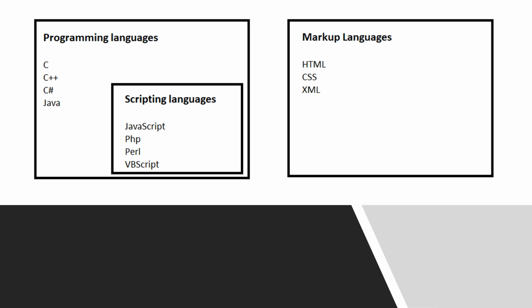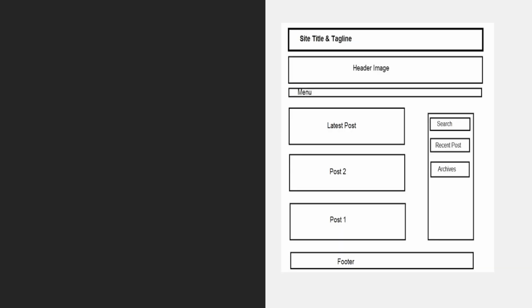Moving ahead, let's understand the difference between programming language and scripting language. In this example, I have not mentioned Python because it might be confusing, because Python is a programming language and it is also a scripting language. In the previous slide, I explained what markup language is.